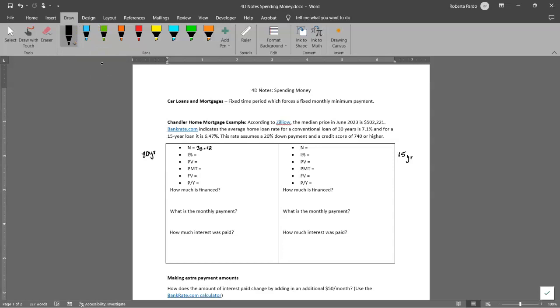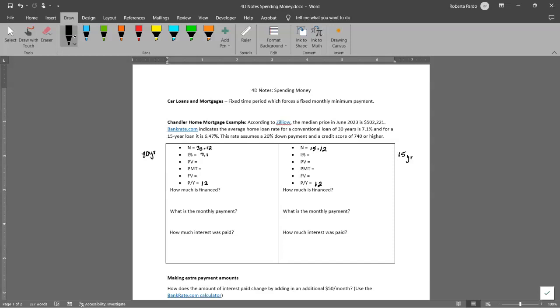We know that P/Y is 12. The interest rate on our 30-year is 7.1. And this would be, oops, not 30, but 15. This is a 15-year mortgage, so this is 15 times 12, and 12 is our times per year.